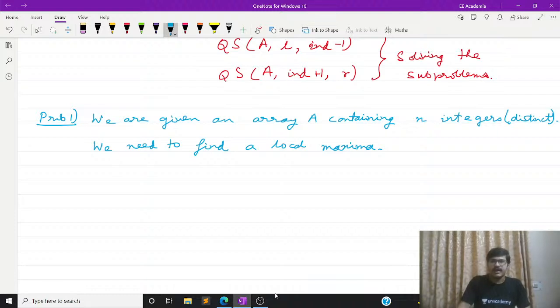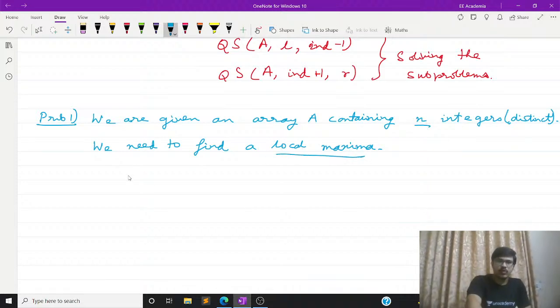Okay, so we are given an array A containing n distinct integers, and we need to find a local maximum. So, what is the local maximum?